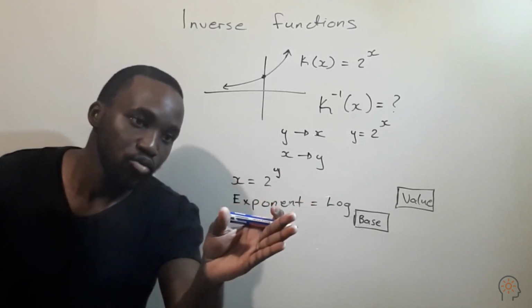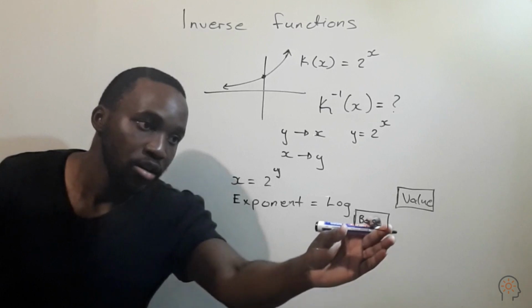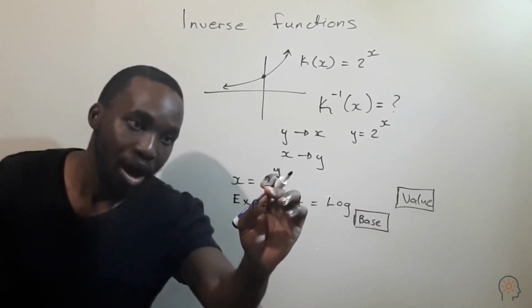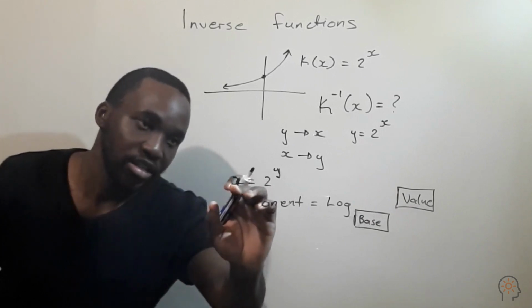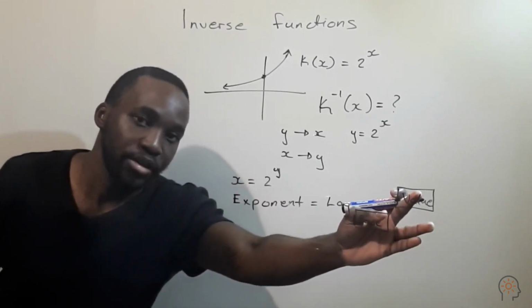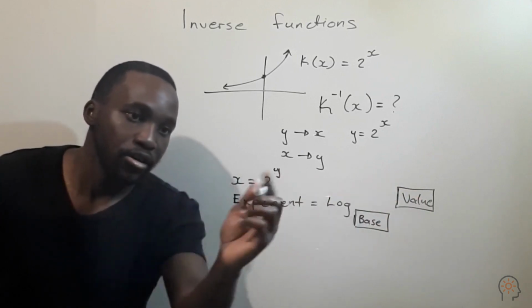So our exponent will be on its own. You will have log on the other end. Whatever the base was will be the value there, and then whatever x is, that's just going to be on your far right.